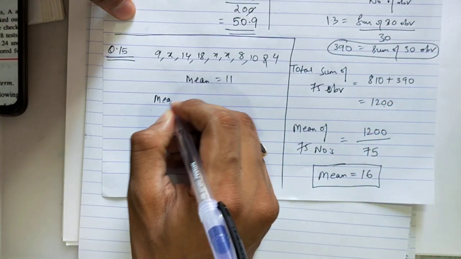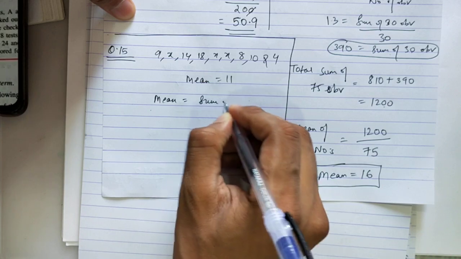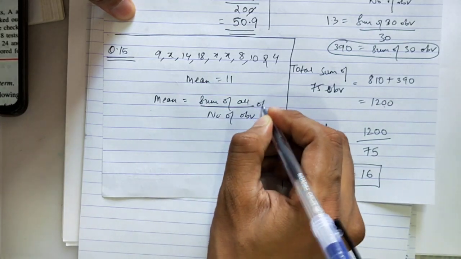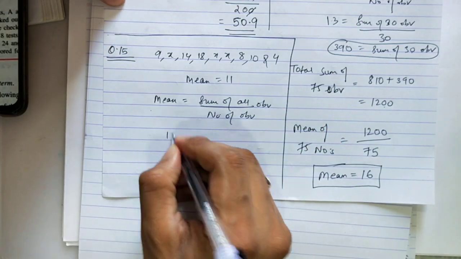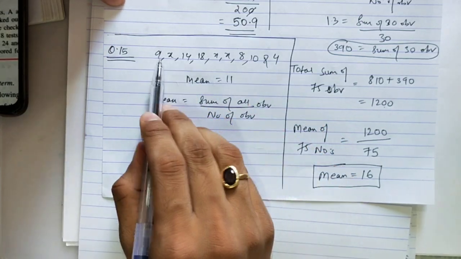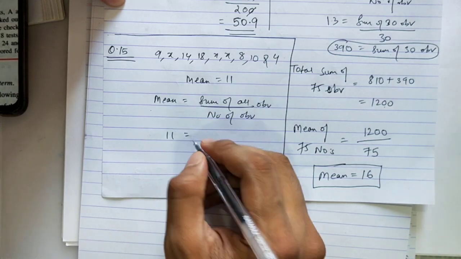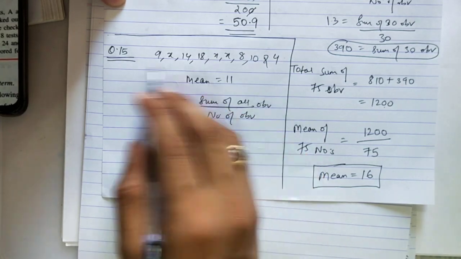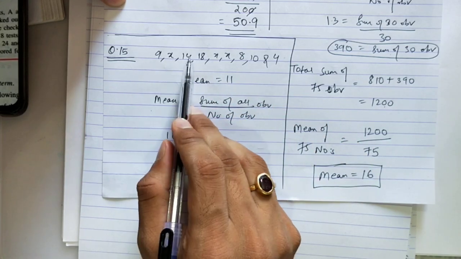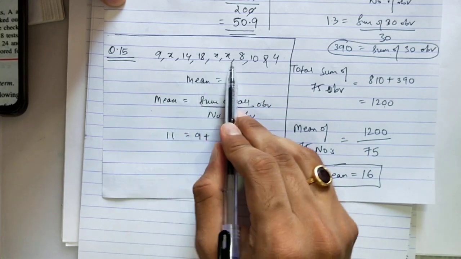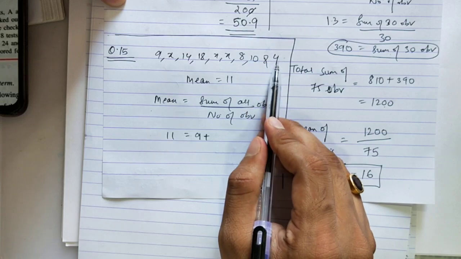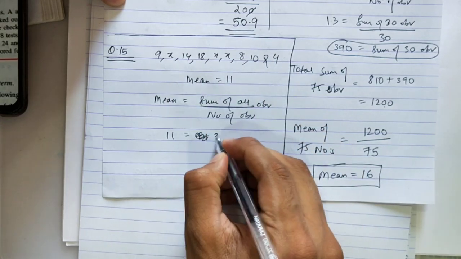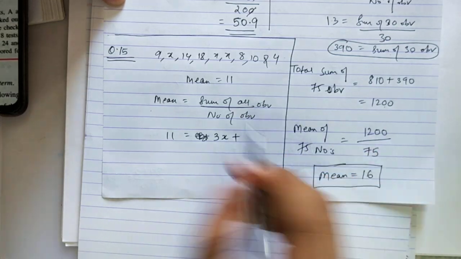So the formula for mean: sum of all upon number of observations. Mean is 11. Sum of all means we have to add all these. So I'll directly add 9 plus x plus 14 plus 18 plus x plus 8 plus 10 plus 4. So x plus x plus x will give me 3x.